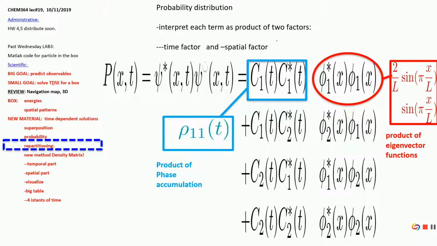There is no imaginary part. And there is one more notation, just to make the number of symbols smaller. This combination of expansion coefficients can be referred to as rho 1,1 instead of repeating that C1 C1 star over there. So just put here these two indices.